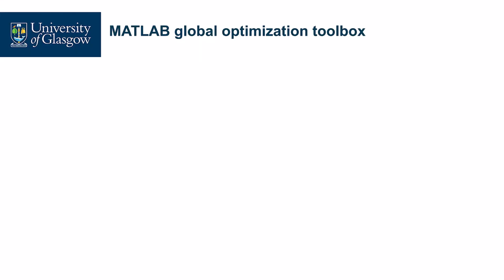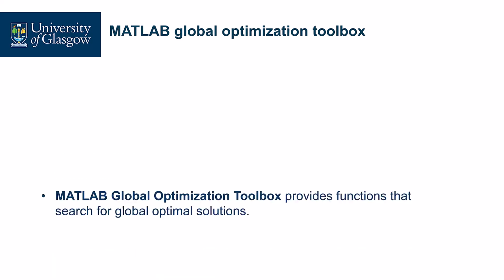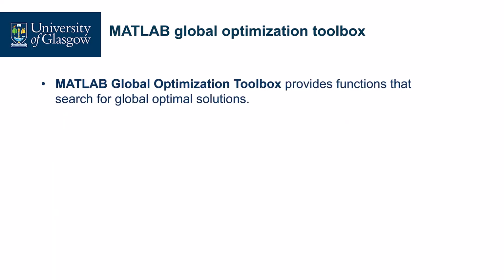Before introducing this function, we first talk about the MATLAB Global Optimization Toolbox, because the GA function belongs to this toolbox. The Global Optimization Toolbox provides a series of functions. The goal is the same: global optimization. As we have said, global optimization algorithms don't guarantee that we obtain the global optimal solution, but we are aiming to do that.